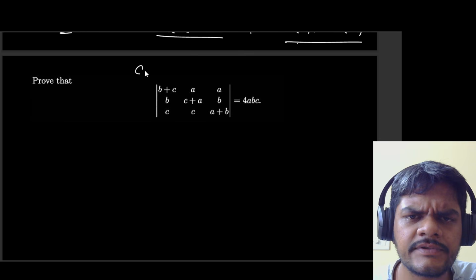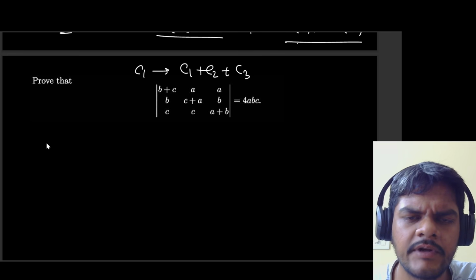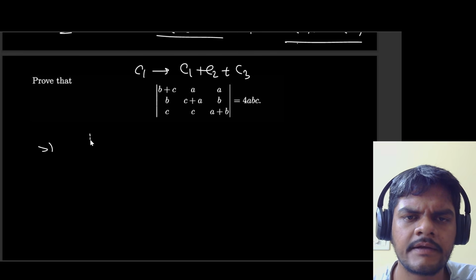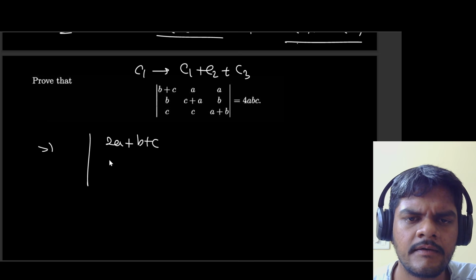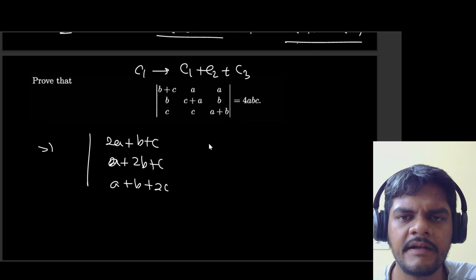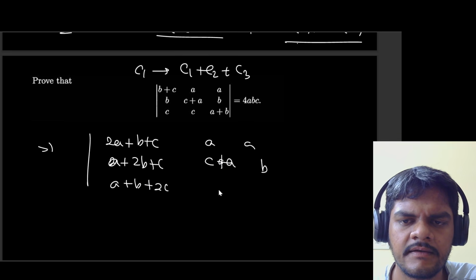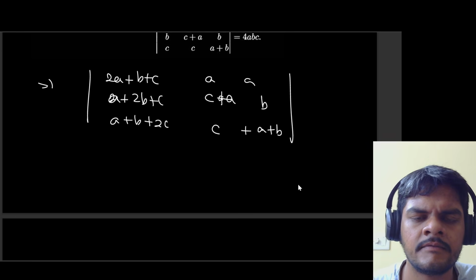In this question, if you do C1 goes to C1 plus C2 plus C3, what do you get again? You'll get 2A plus B plus C, A plus 2B plus C, A plus B plus 2C, right? Then the other columns, A, C, A plus B, and so on.